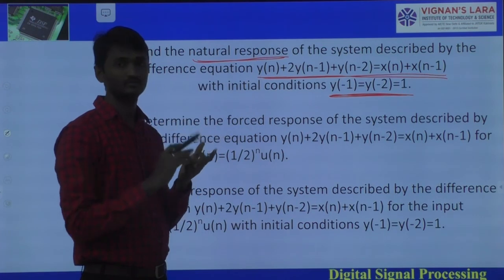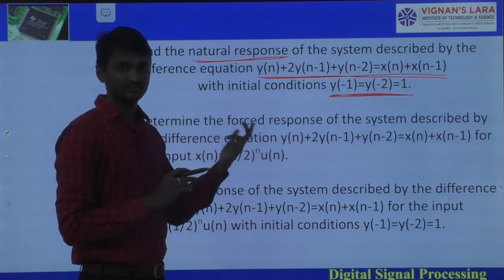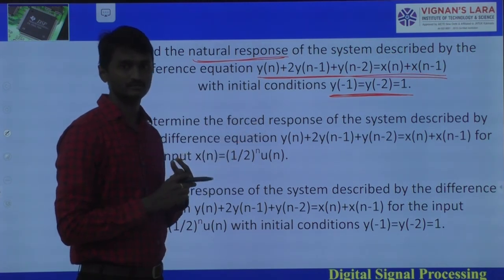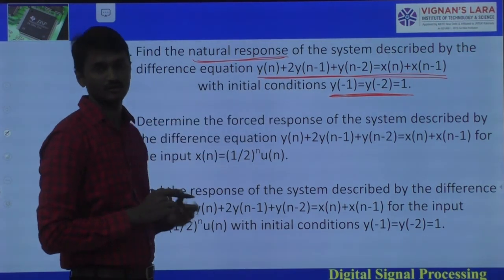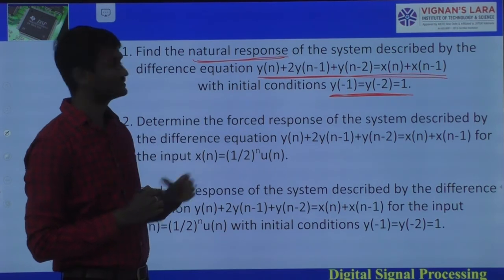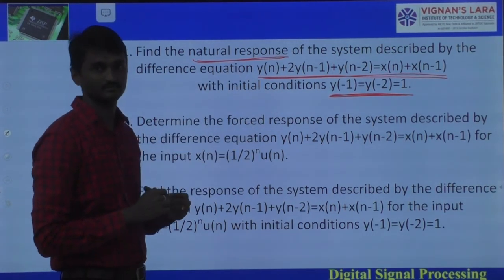We have to write the solution based upon the types of roots, whether they are distinct roots or repeated roots. Then we have to solve for C1 and C2. That will be the natural response, the required response for the given system.